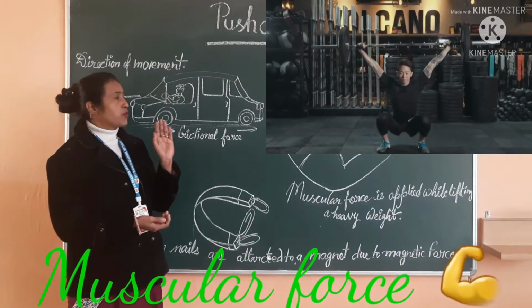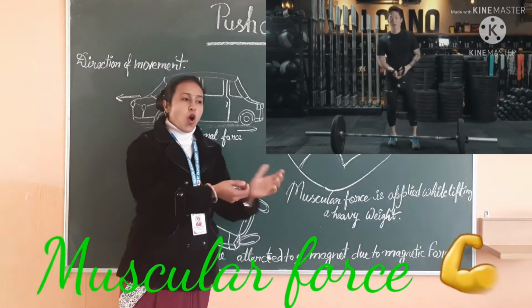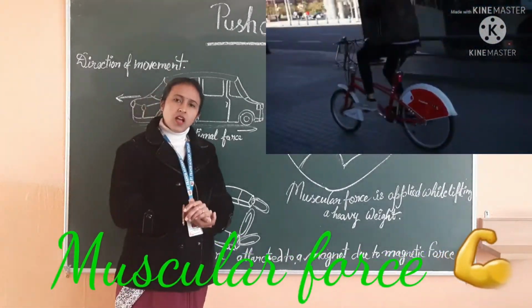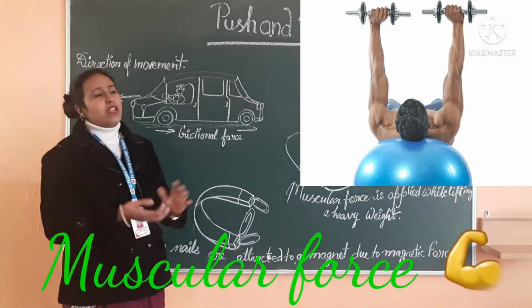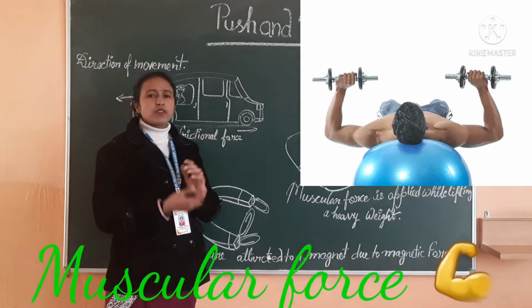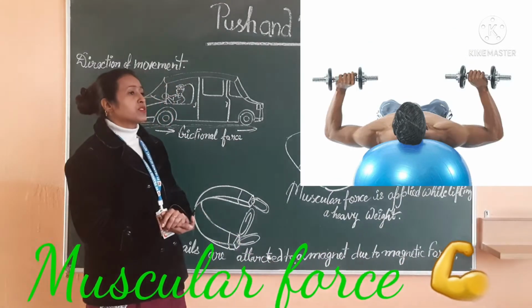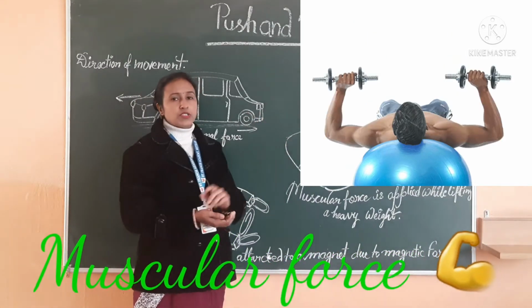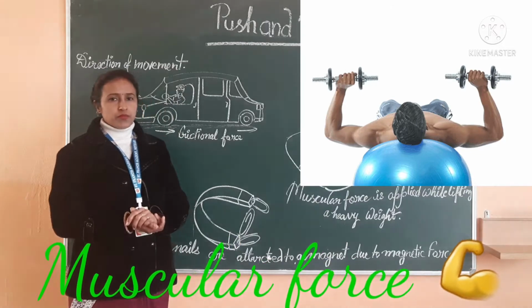Like pulling and pushing, you know about this. When we push or pull anything, we use our hands, the muscles, so we apply our muscular force to do any work. Several muscles are found in our body. This muscular force is mainly found in living beings, and it is very beneficial for every work in our day-to-day life.